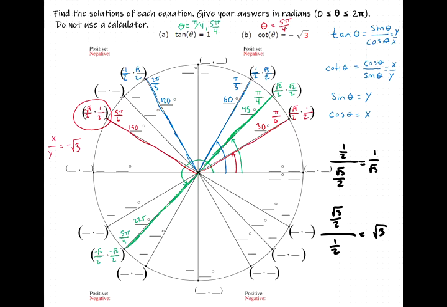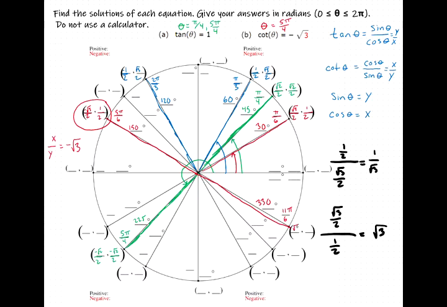Okay, so that's one solution, and then we could reflect that point into quadrant 4. And that angle would be 330 degrees, or 11 pi over 6 radians. We would have the same point, just the x-coordinate would be positive. So in quadrant 4, the x-coordinate is positive, the y-coordinate is negative.